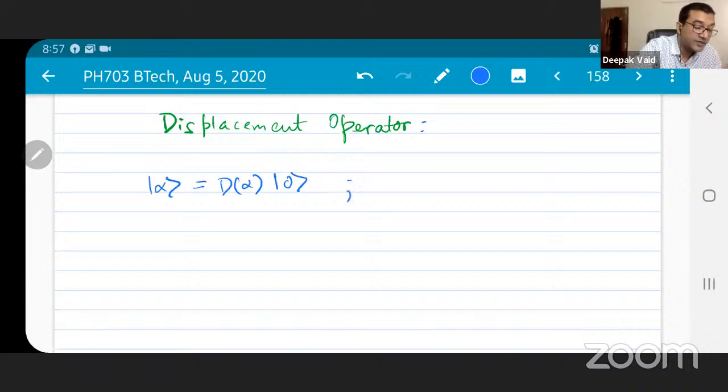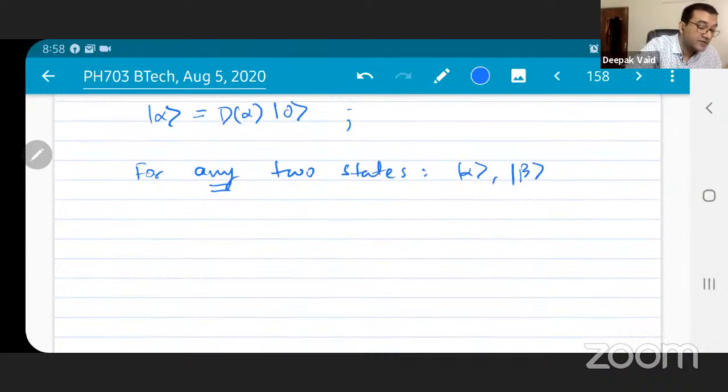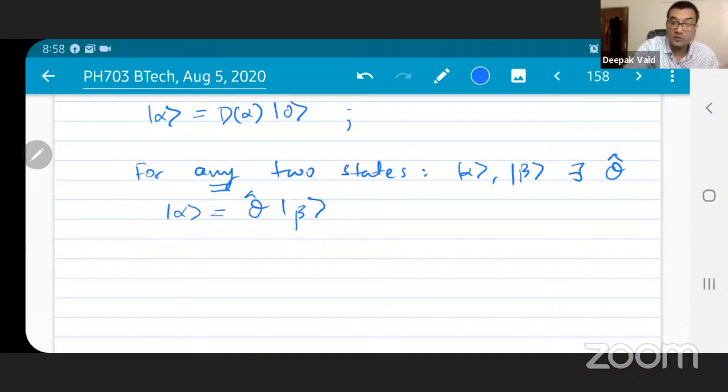For any arbitrary pair of states, alpha, beta, we have some operator O. There exists some operator O such that alpha is equal to O times beta, right?